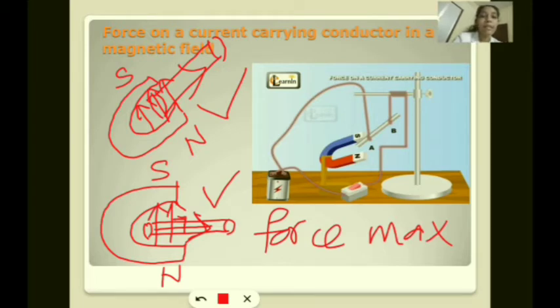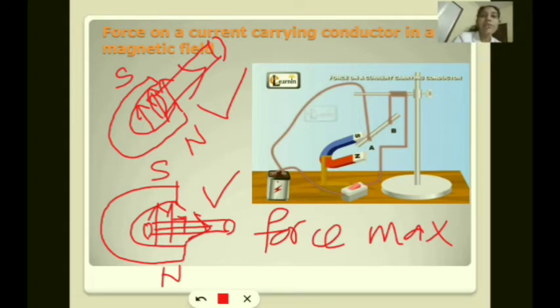At this moment means whenever the direction of current is perpendicular to the magnetic field, we can apply a rule to find out the direction of force experienced by the conductor. Because we know the magnitude of force, but we don't know the direction of this force. So how to find out the direction of this force?